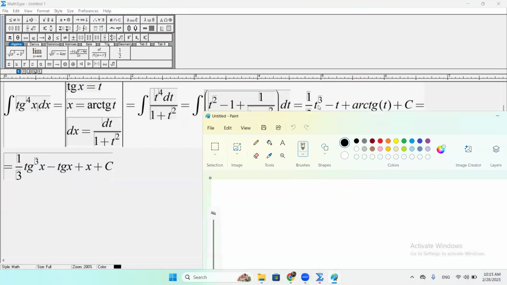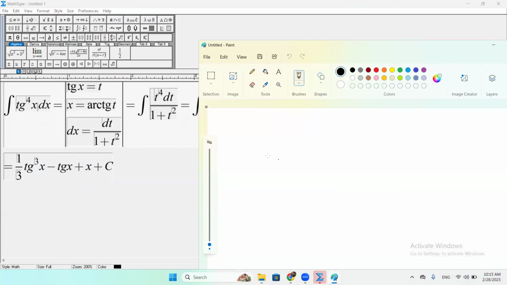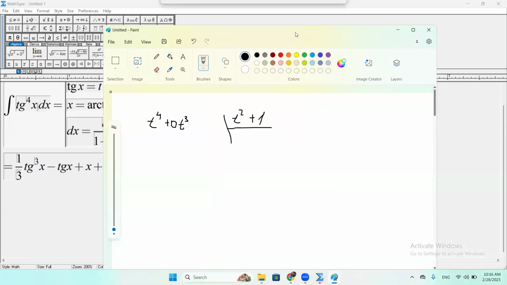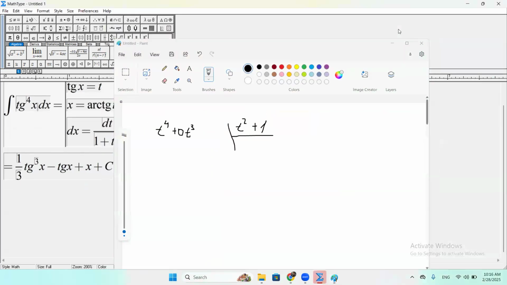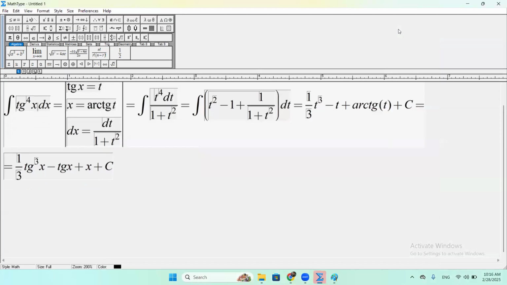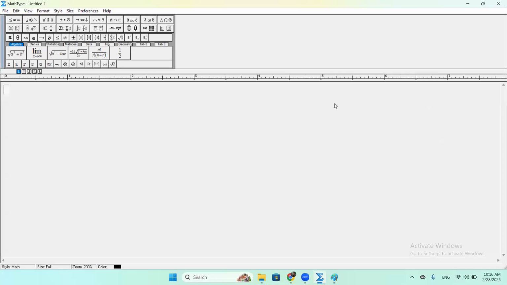I just didn't want to waste our time. So t to the power of 4 we divide by t square plus 1. And I usually write coefficients here, plus 0 t cube and so on. I just didn't want to do it right now because our priority is integrating trigonometric functions, to understand it better.